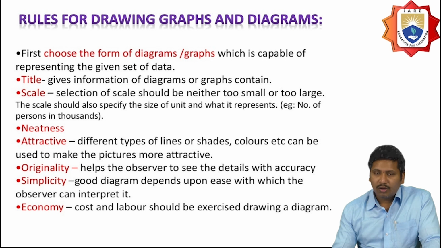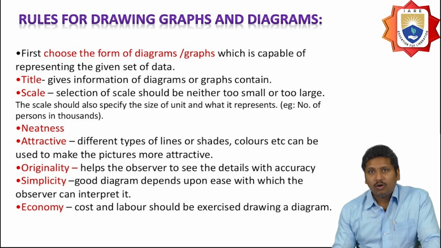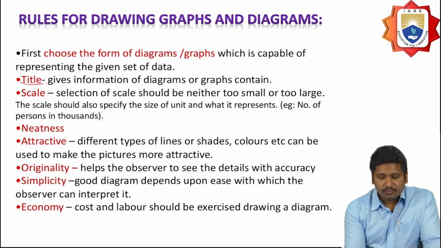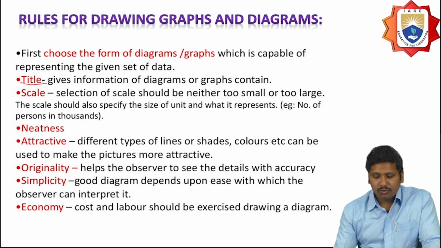Another way of representing this multiple bar diagram is a line diagram in 3D form, which would be the best way of representing that application. In a similar fashion, we have to choose the right diagram for the given application. And then the title: the title is also important, which gives information about what the diagram contains, so the title has to be mentioned.